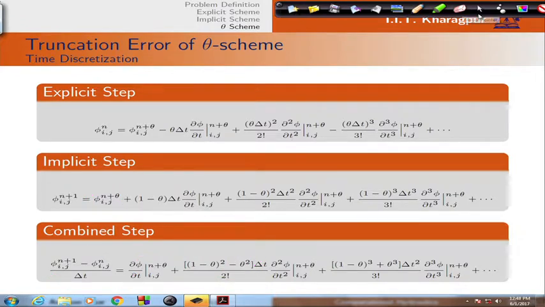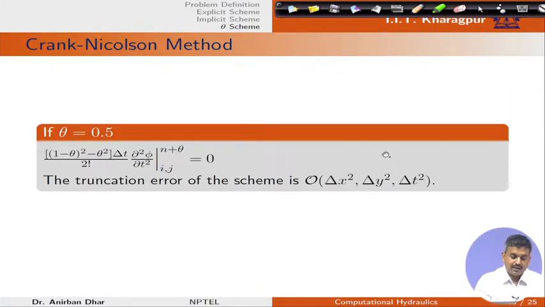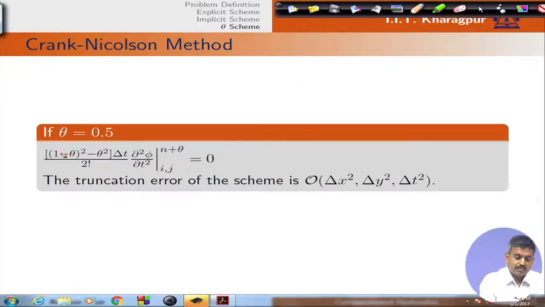Now, if we consider that theta equals to 0.5, obviously this term will be 0, and truncation error of the scheme will be of the order del x square, del y square, del t square.